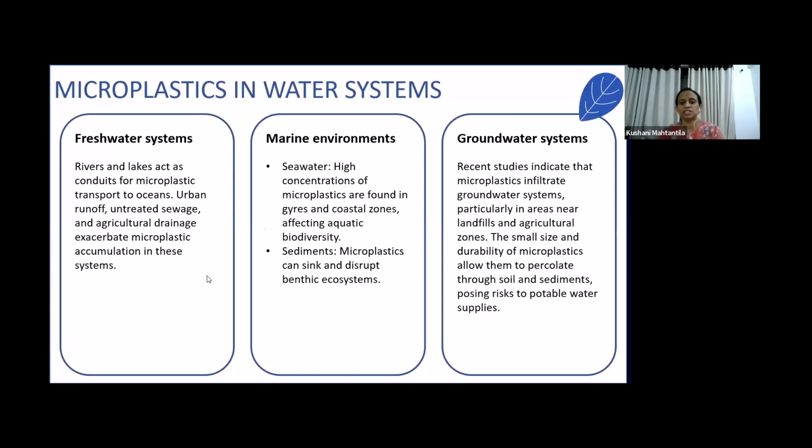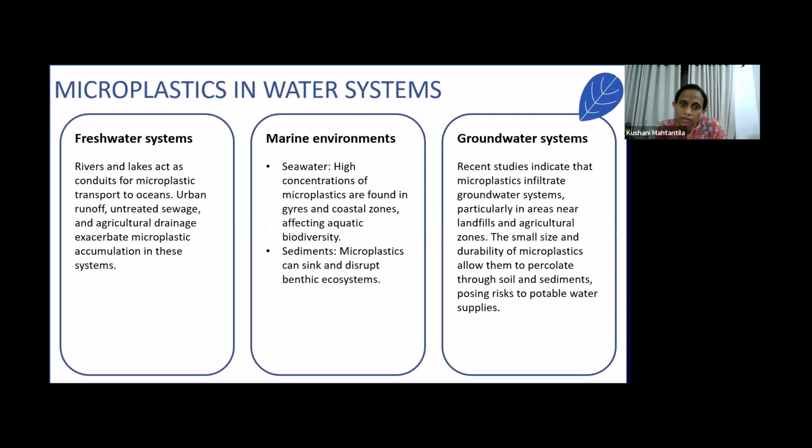So why do we especially talk about the freshwater environment and the detection of microplastic in water? Because water systems are easily vulnerable to pollution. As we all know, the rivers like Kelani, Kalu Ganga, and all our rivers are contaminated with microplastics through urban runoff, untreated sewage and wastewater disposal, and agricultural drainage.